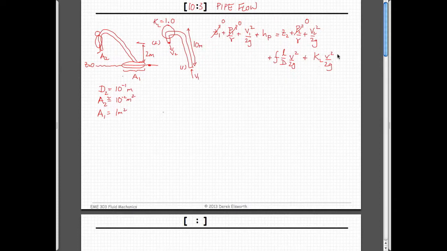And then we just have to figure out the remaining components. This is the velocity in the pipe. And let's have the area of the pipe, A pipe, equal to A2, just because it's easy. Same as the nozzle. It'll make life easy for us. And so what's the question? The question is, how much power?